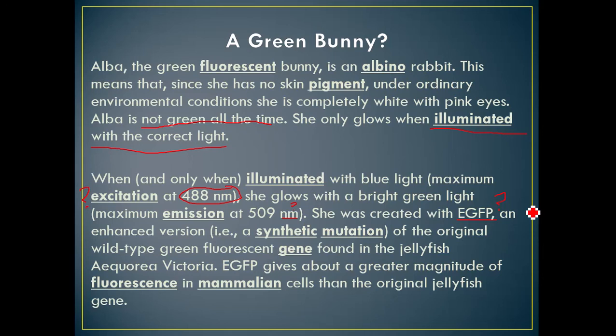So to answer my questions and things that I would write down to study, the article was about a green bunny, a white albino bunny who glows in green light when she is illuminated with certain types of blue lights.